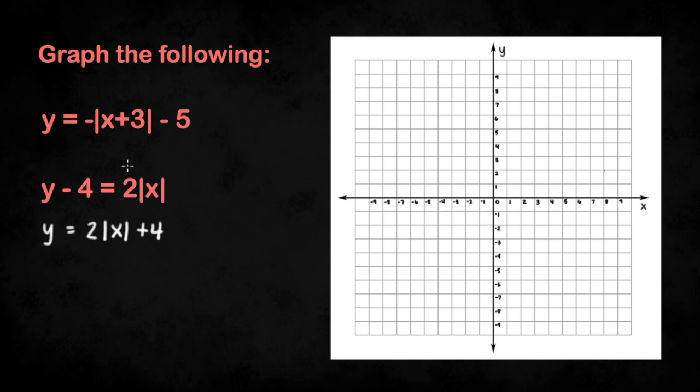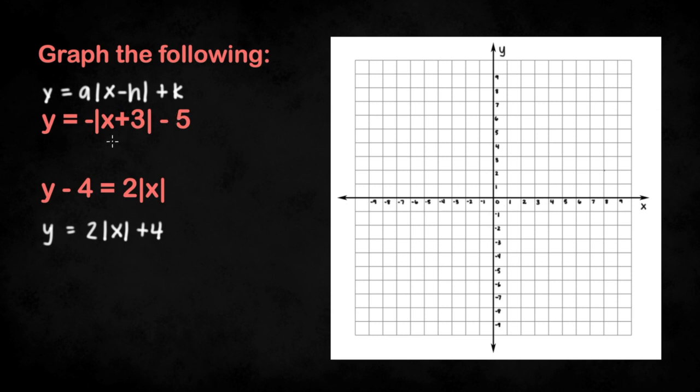The best way to graph absolute value is to start with the vertex. If you remember correctly from our previous video, the vertex will be at the point (h, k). If we compare the first equation to the equation y equals a times the absolute value of x minus h plus k, we can see that h is -3 and k is -5.